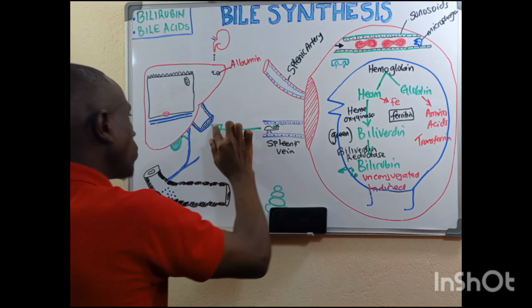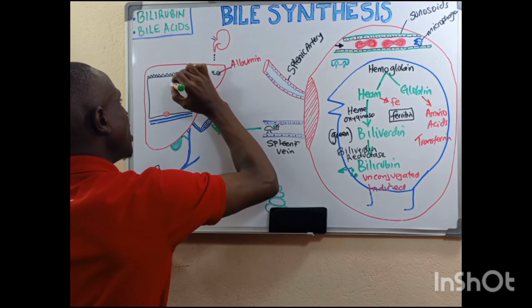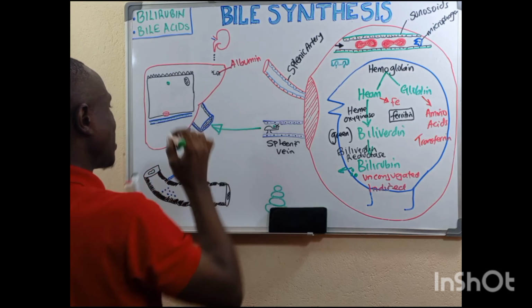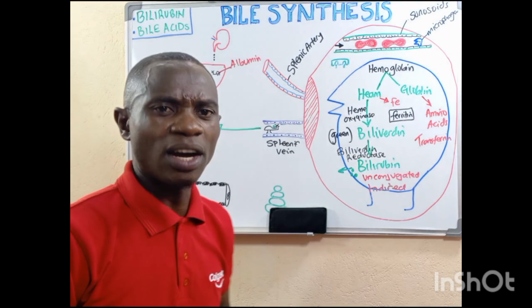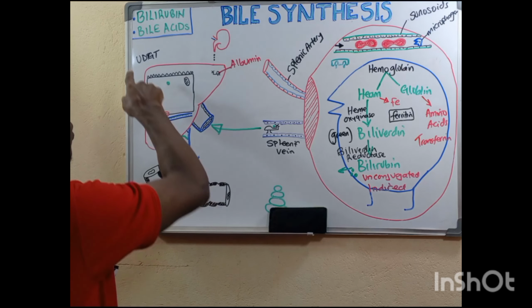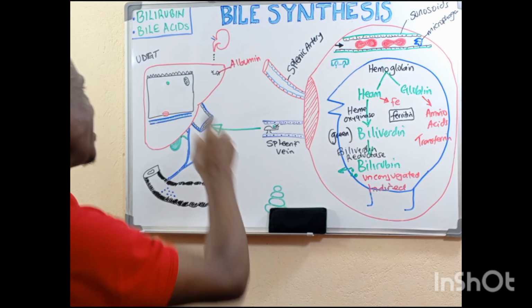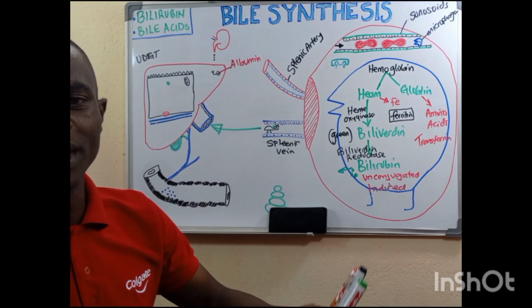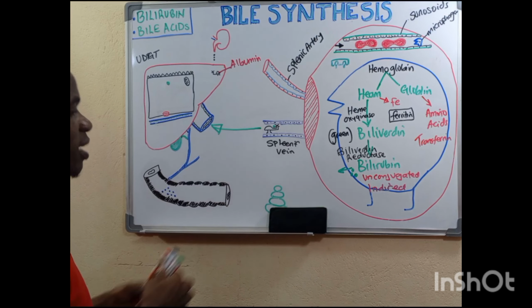Now, we are going to see this unconjugated bilirubin has now entered inside the hepatocytes. In the liver, we have an enzyme called uridine glucuronide transferase. It is the enzyme the liver uses to conjugate the unconjugated bilirubin.